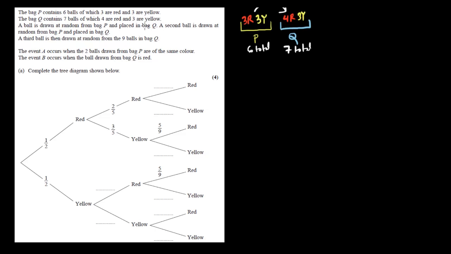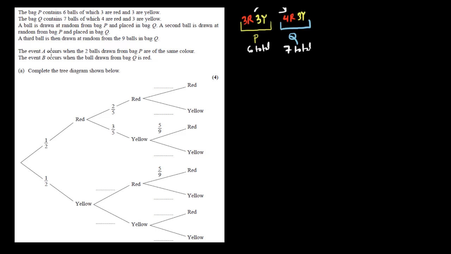A second item is drawn from bag P and then placed in bag Q. So 2 draws are taken from bag P, and after that we go to bag Q. The first one is taken from bag P and placed in bag Q. The second one is taken again from bag P and placed in bag Q. So that's what they're saying.